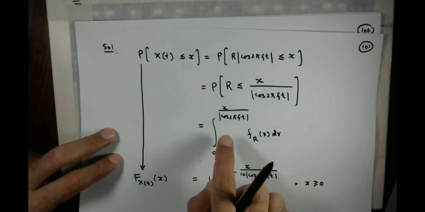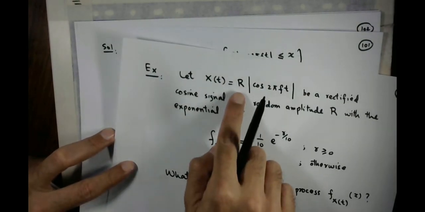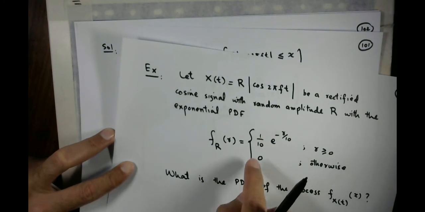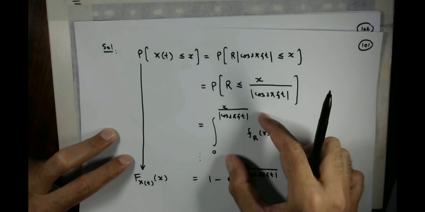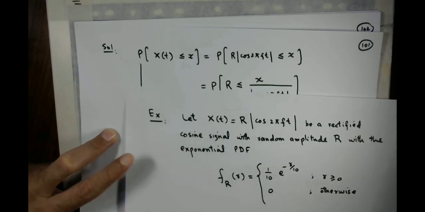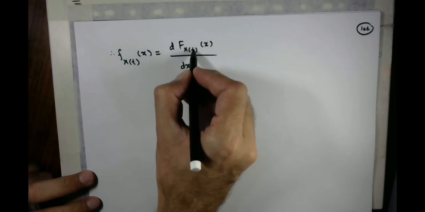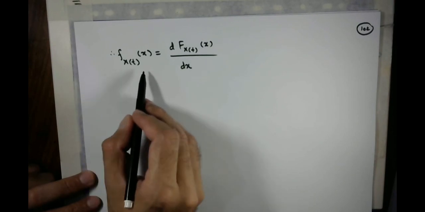You obtained, through this mechanism, the CDF of the process by utilizing the distribution of the random variable in the process, which is r, and this is exponentially distributed. So we simply used the concept and the definition of the CDF and ultimately obtained this expression, which is the CDF of the process x of t, the total process. And from there you can differentiate the CDF with respect to x, and you can obtain the PDF.